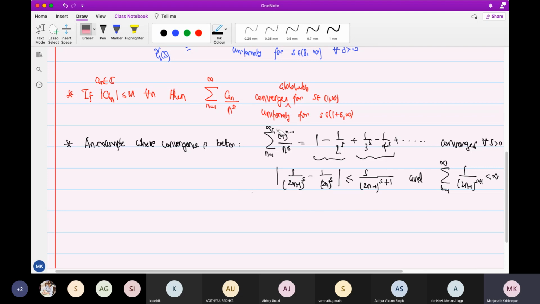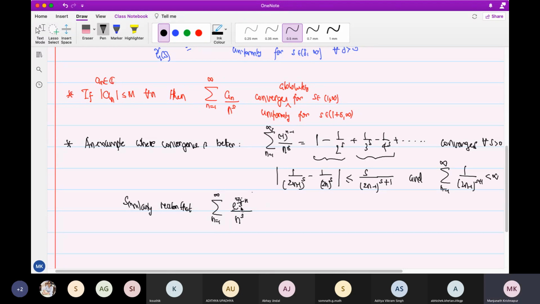So what is happening is that there is cancellation happening because of these oscillatory terms. Now instead of 1 minus 1 plus 1 and so on, what happens if you take something like a cube root of unity and consider such things?